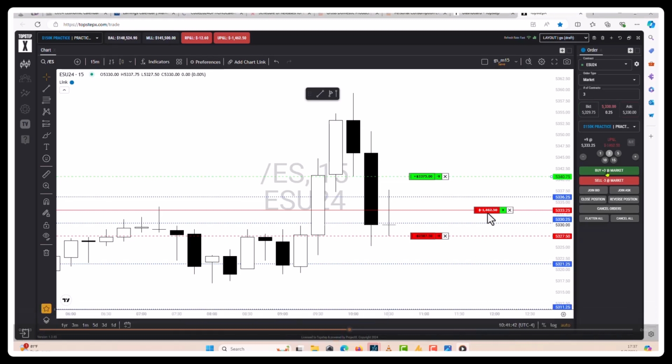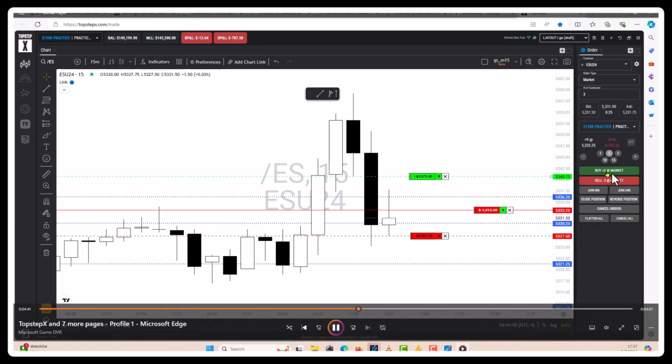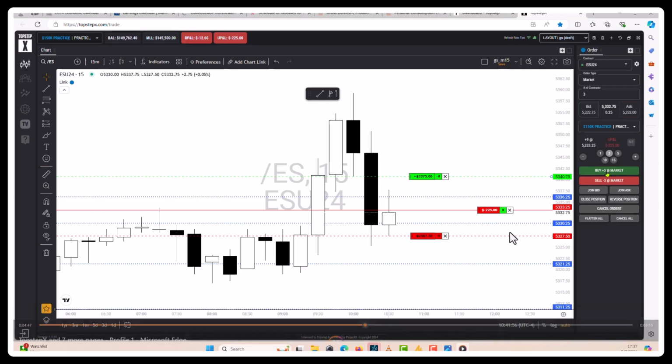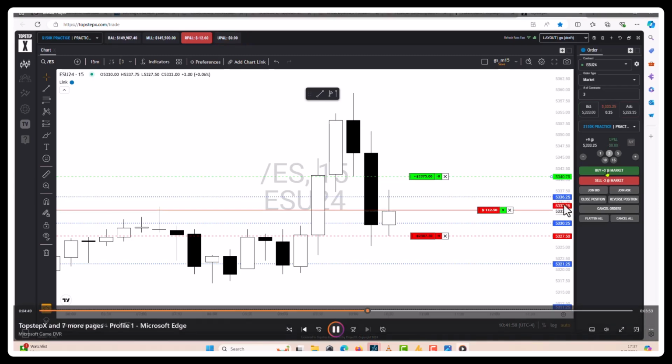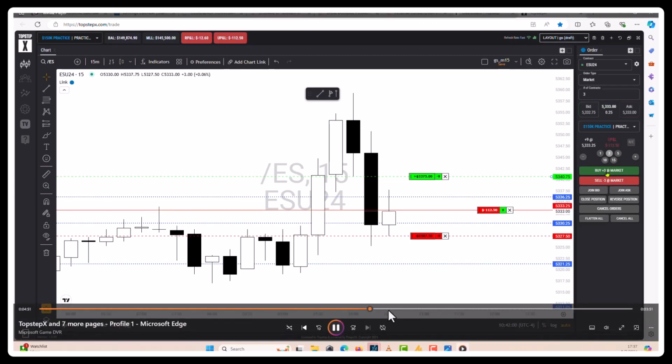So we're a little bit nervous. We see that we are about to hit buy again. I think we did hit buy again. We see the momentum, right?